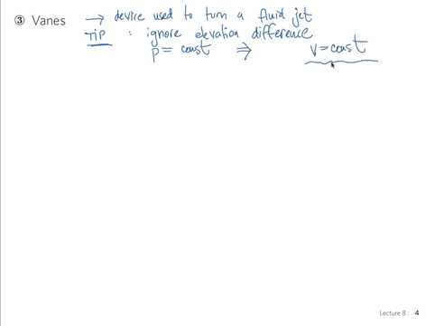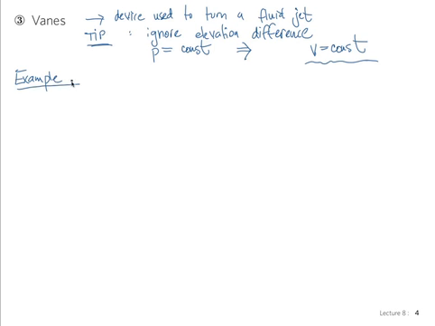So Bernoulli equation is trivially simplified in this case. And we, of course, are assuming that the fluid is inviscid and the density is constant in all of this. Otherwise, we couldn't apply Bernoulli's equation. So let's look at an example.